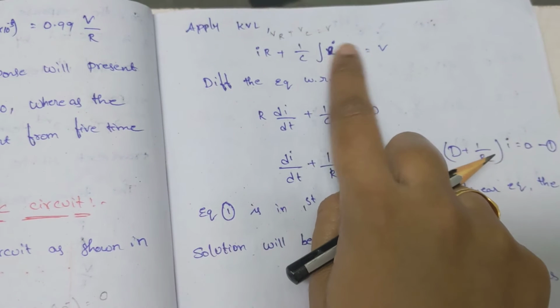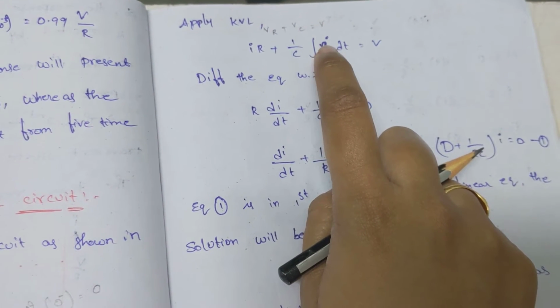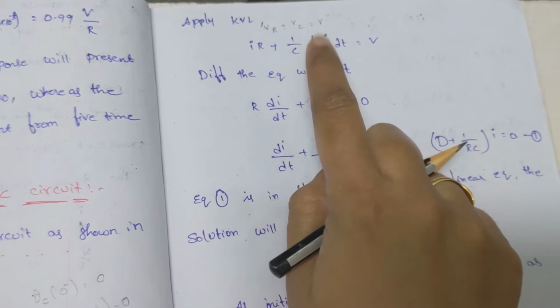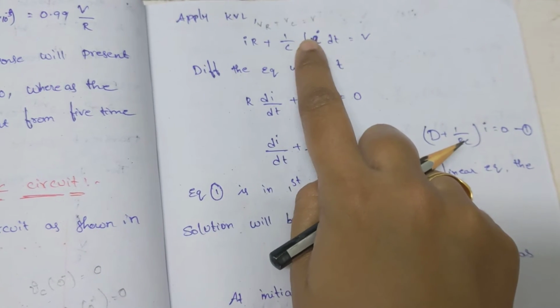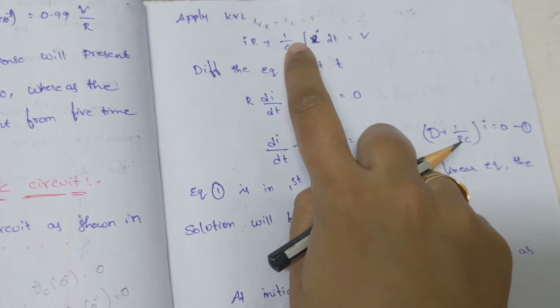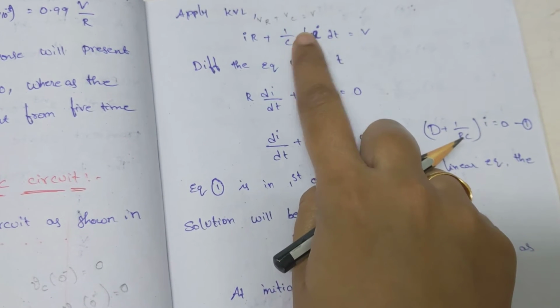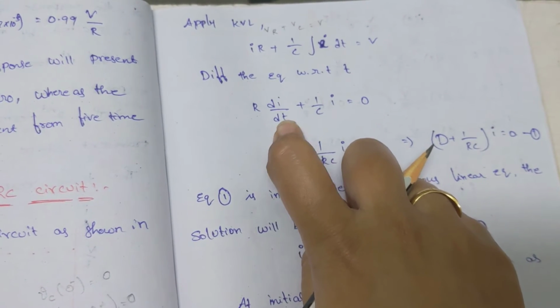But please remember, it is difficult to find the integration term. That's why I differentiate this equation. When I differentiate the integral term, differentiation and integration cancel each other, so it becomes 1 by C into I, and this becomes R into di by dt.